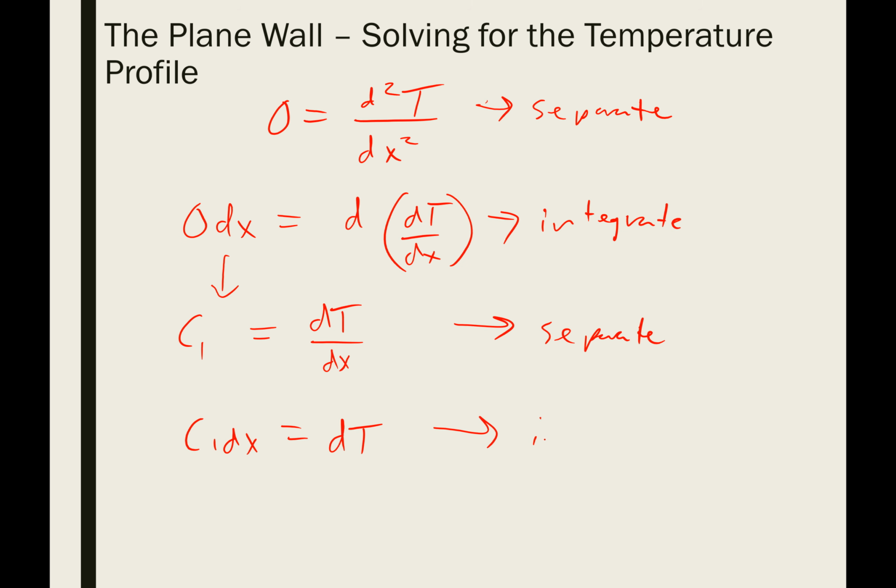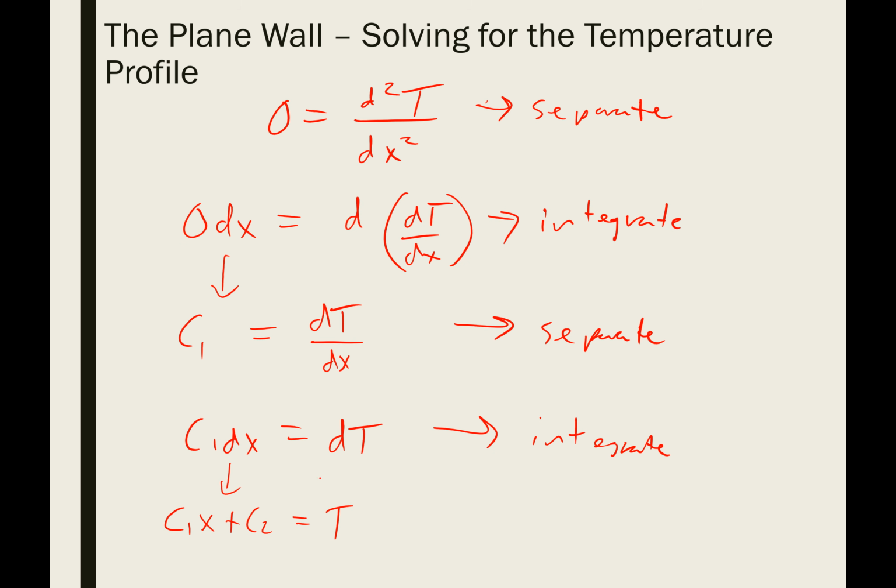So we'll integrate again. And here we would end up with what? You guys are probably fresher in calculus than I am. C1 times x plus C2. All right, so we get our constant of integration on the left-hand side, and that just equals T.